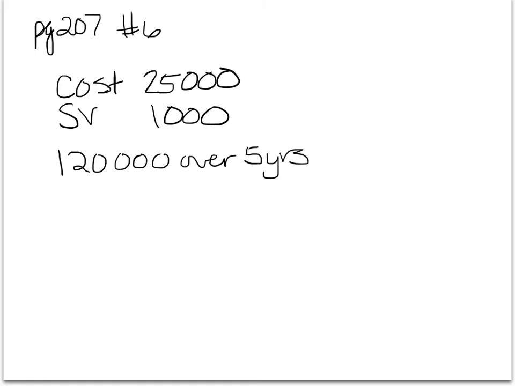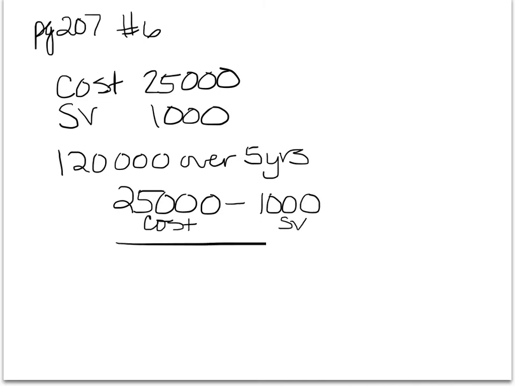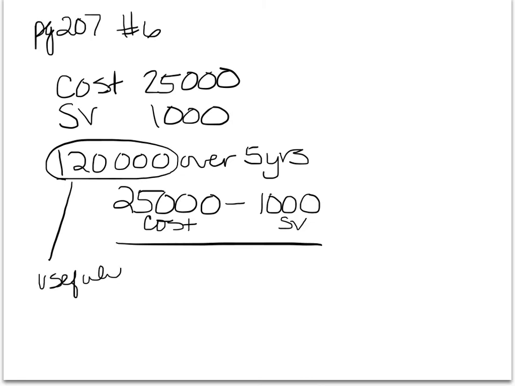So what we would do is take 25,000 minus the salvage value of 1,000. So cost minus salvage, divided by the useful life, which would be the 120,000 miles for this asset.